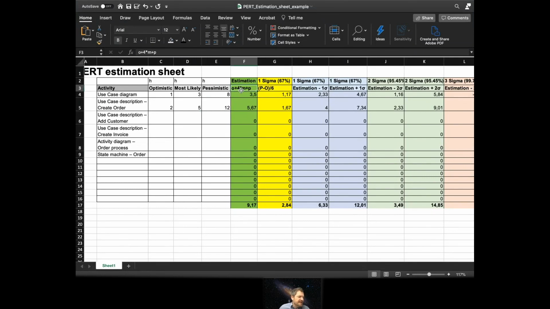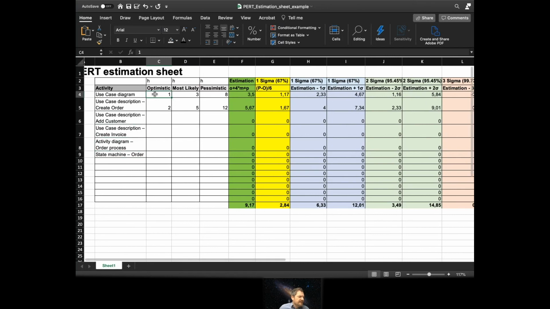You see here some activities, some tasks, and I just took some use cases: making a use case diagram, making a use case description, making an activity diagram. And you provide these three values: an optimistic, a most likely, and a pessimistic value.